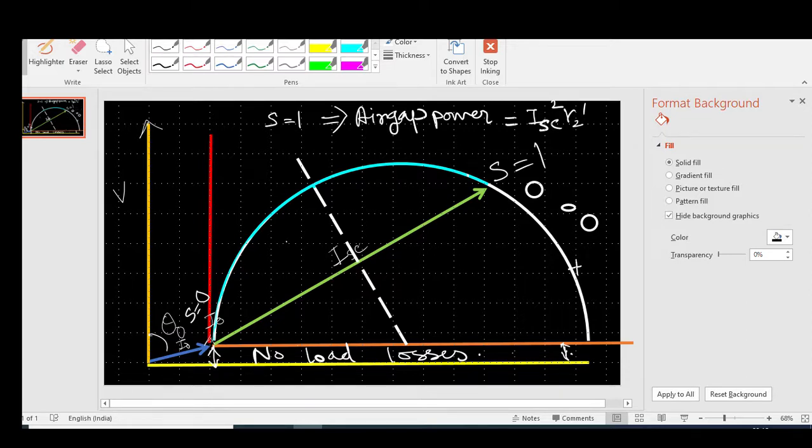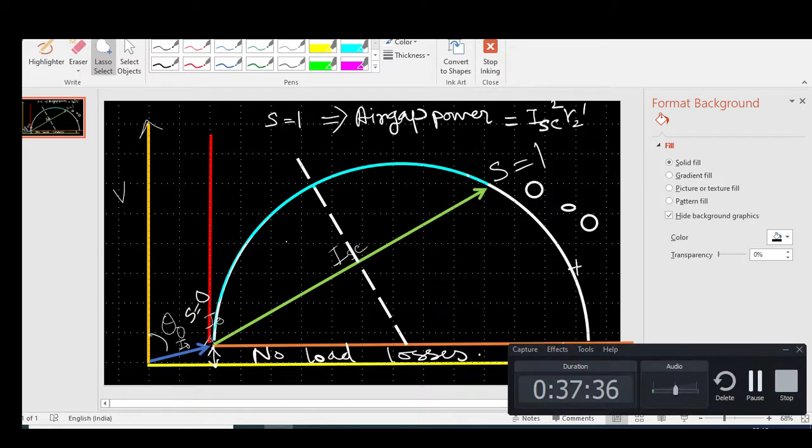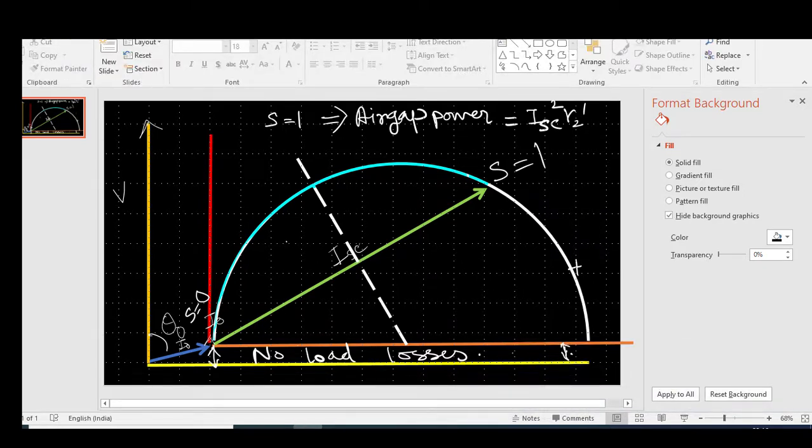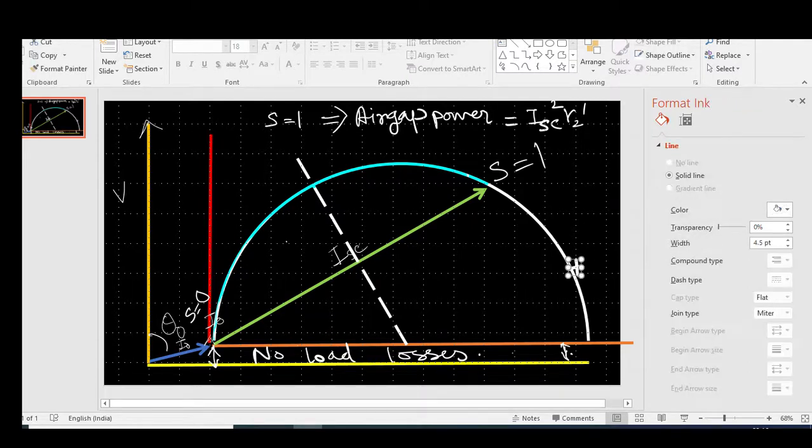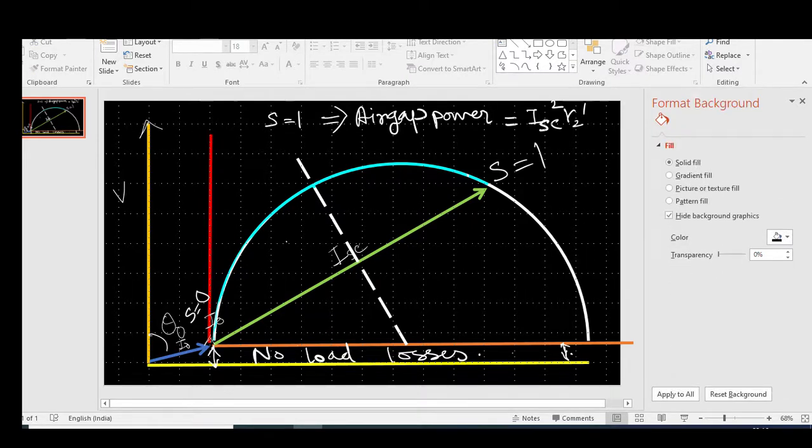So if we want to figure out the air gap power line, let me first delete these, otherwise it is creating problems. Now see, this is our air gap power. Here one thing is very interesting.